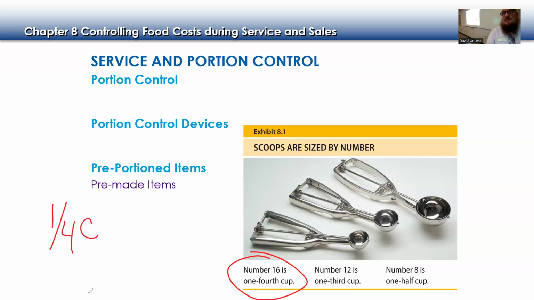What is my denominator? It's the 4. It's on the bottom. Denominator is the bottom, right? So the denominator, we multiply by 4 to get 16, and that's our number scoop. So our number 16 scoop is 1/4 of a cup of volume. Okay?